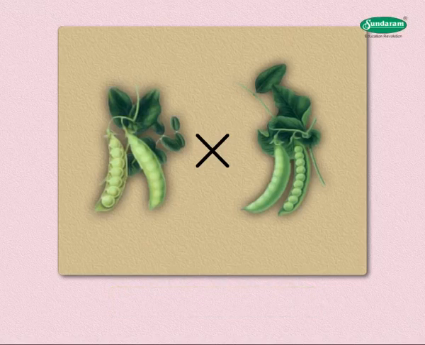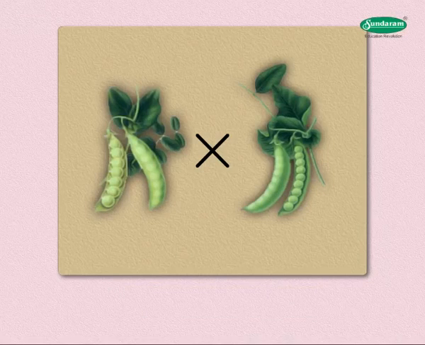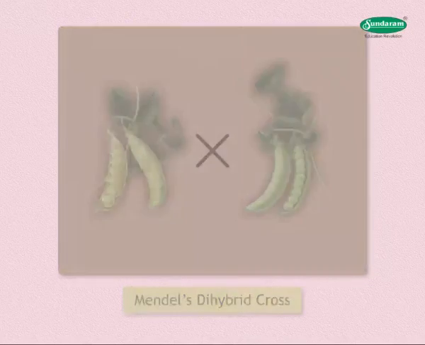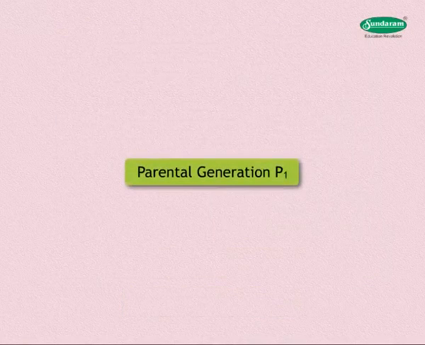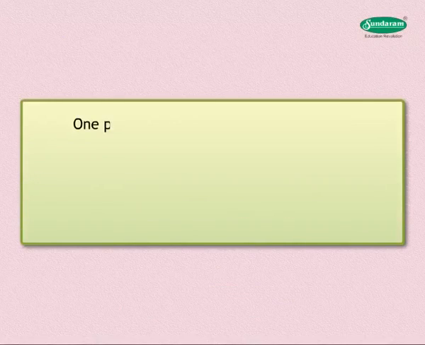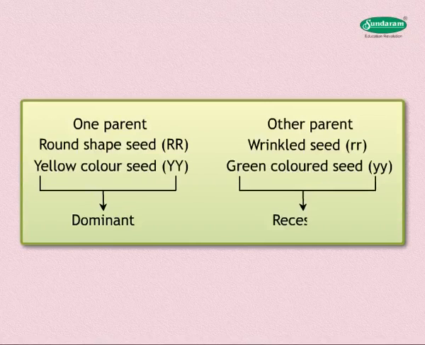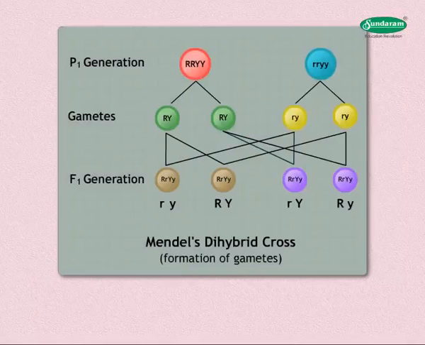Since this experiment involves two pairs of contrasting characters or traits, it is known as Mendel's dihybrid cross. Parental generation P1: Mendel obtained pea plants with round and yellow seeds and plants bearing wrinkled and green seeds. When the gametes of the P1 generation are formed, each pair of genes, RR or YY, segregates independently of the other.